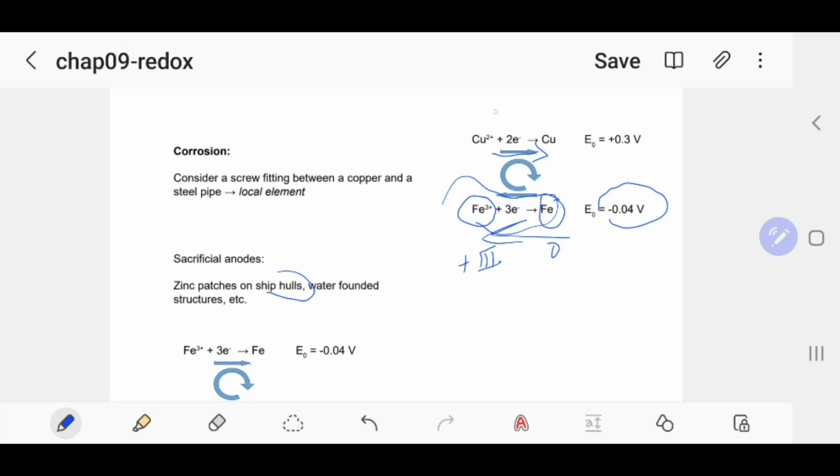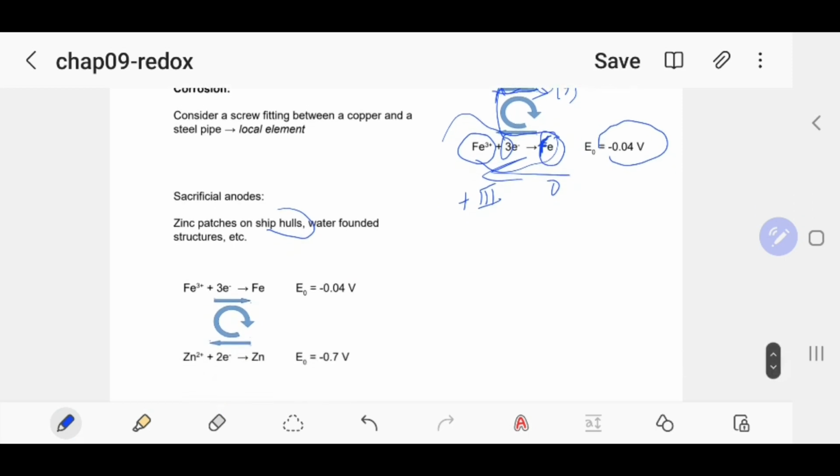And this copper is receiving those electrons, so 2 of them for every copper. And we have a deposit of copper metal. And we have a corrosion effect because this iron is being oxidized and losing its electrons.